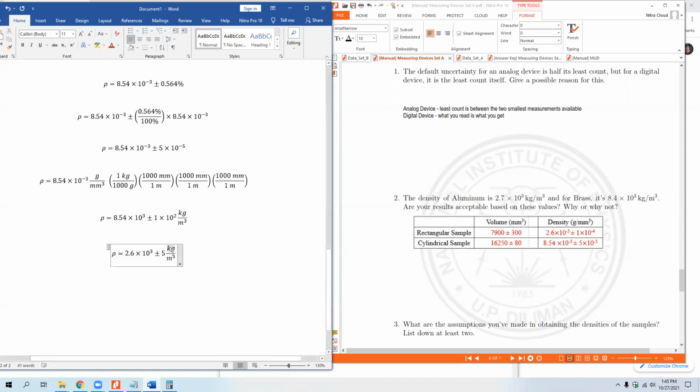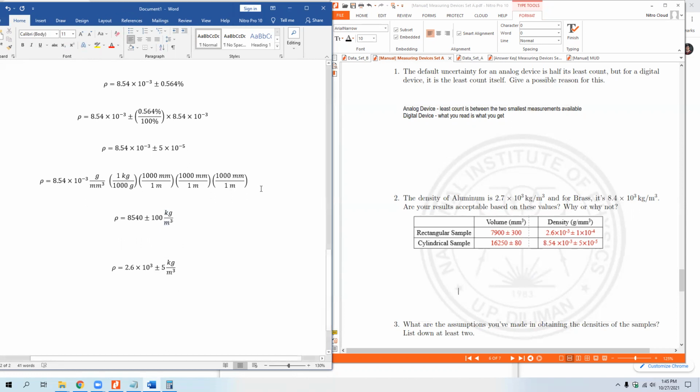And for our cylindrical sample, 8.54 times 10 to the minus 3, how much is this? This should be 8,540, I think. The uncertainty should be 100.